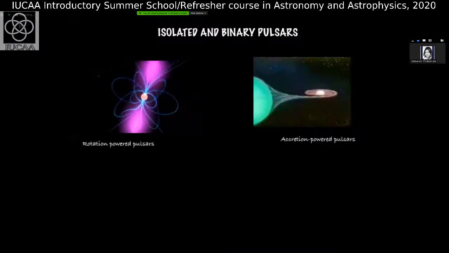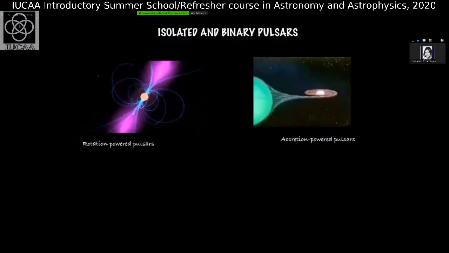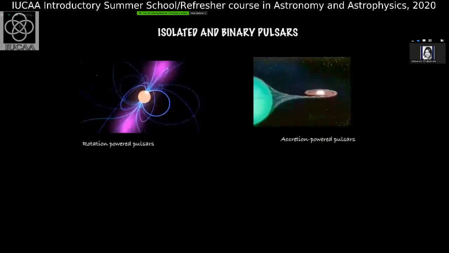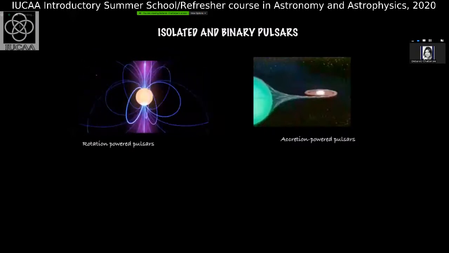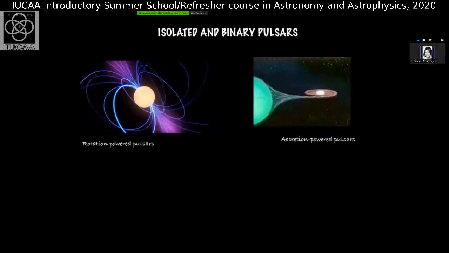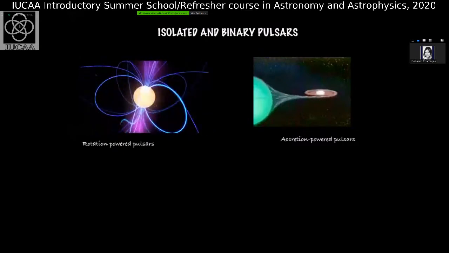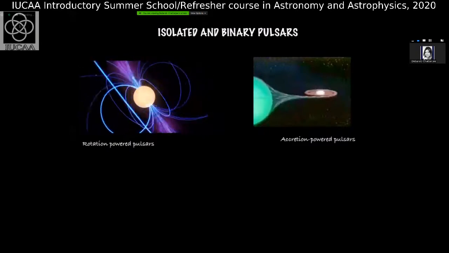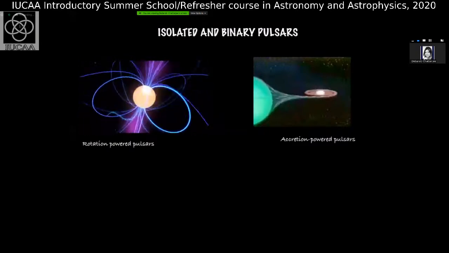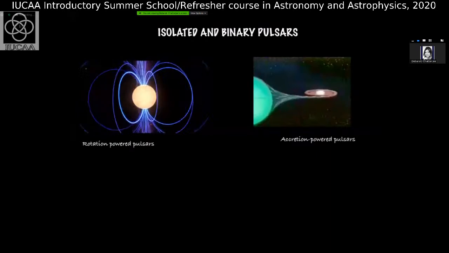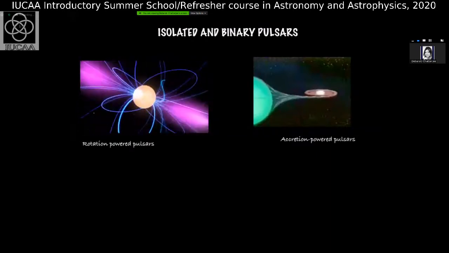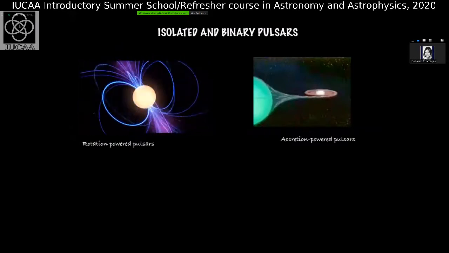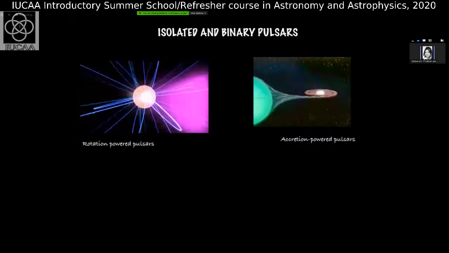So what we know from neutron star observations, from the radio observations, is that there are two kinds of pulsars. Of course, isolated and binary, but also depending on the driving mechanism with which the neutron stars are slowing down, we classify them as rotation-powered pulsars and accretion-powered pulsars.